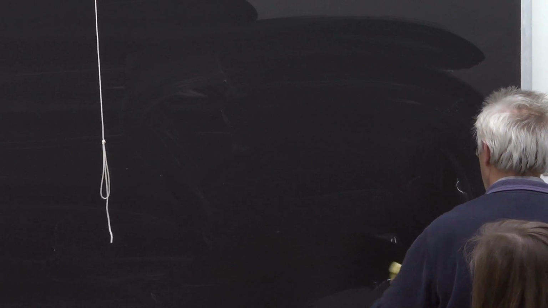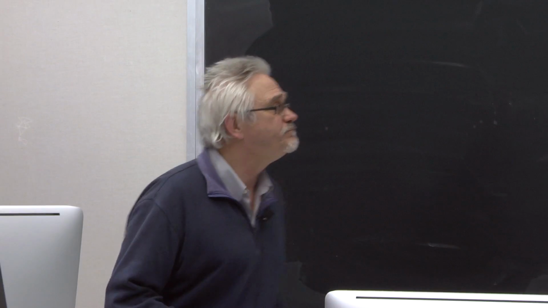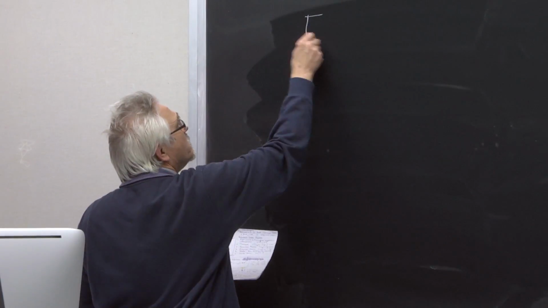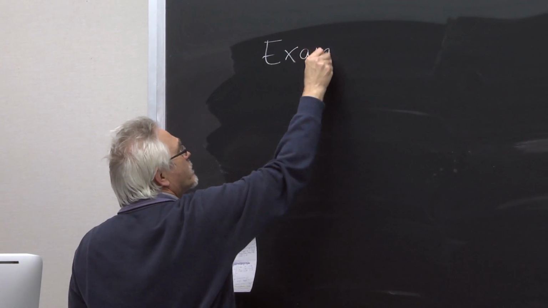So let's say that we have 4 measurements, S1, S2, S3, and S4. And let's say that I arrange that in a matrix. So this is the numerical example.